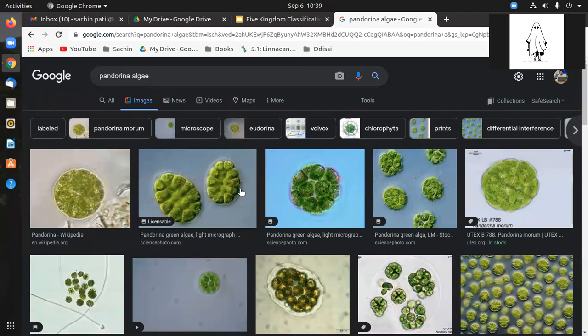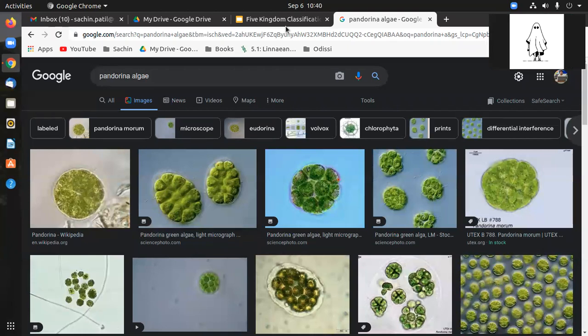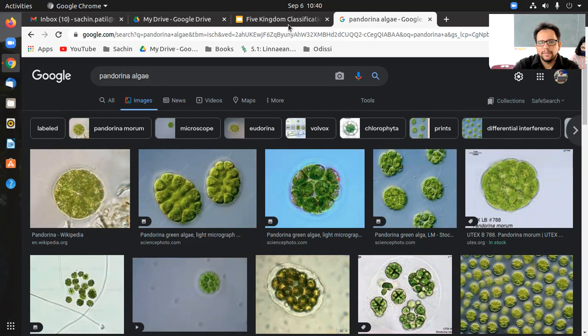Do they mean derived over time, as evolution has happened, these Pandorina type of algae have evolved from that Protista category? Yes, these have been evolved from those. So that's why they're also part of Protista only. Yes. Okay, fine.